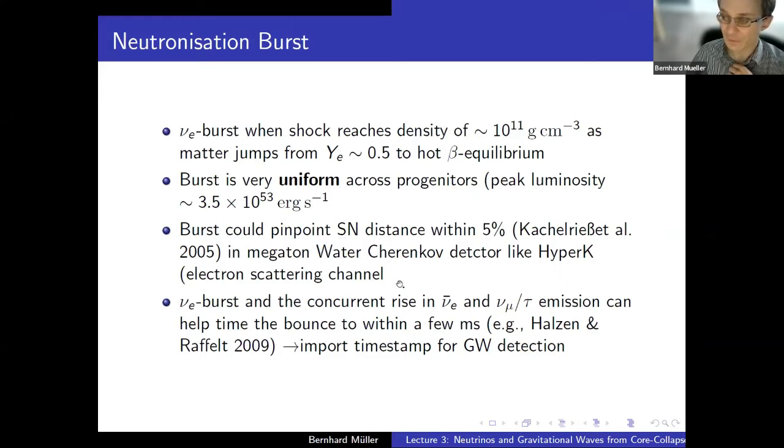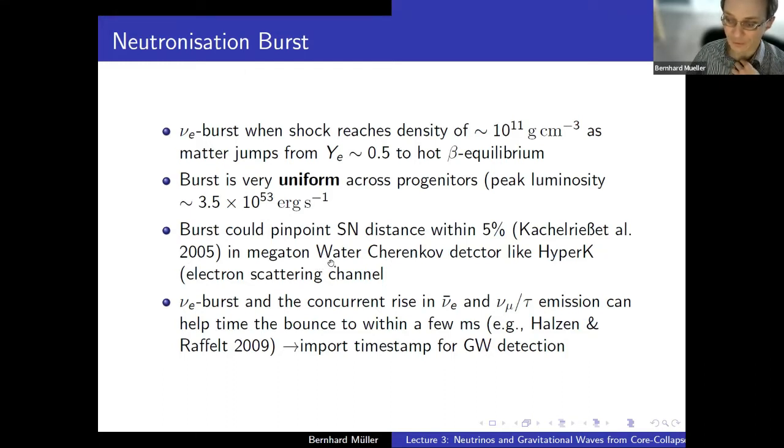But even if you count on the lower count rates of the electron scattering channel in a Water-Cherenkov detector, you could still do distance measurements using the burst. And there are also, as I also said yesterday, the liquid argon detectors that can detect the electron neutrinos, and you'll see how a burst will look in a detector like DUNE.